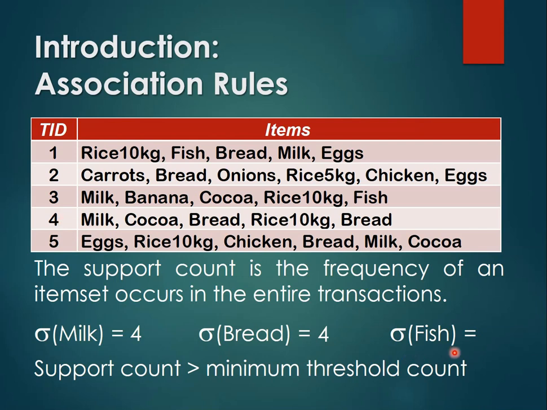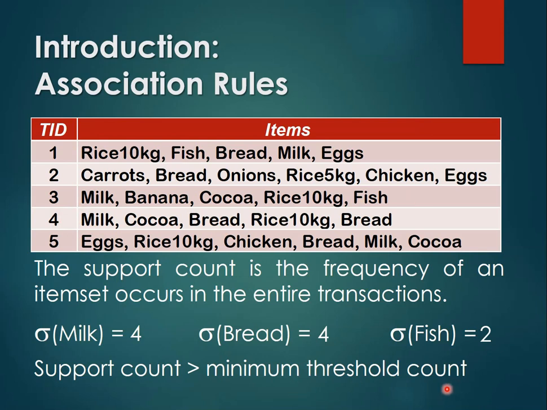And the support count for fish is 2. Transaction ID number 1 contains fish, and transaction ID number 3 contains fish also. We also have a given minimum threshold count.